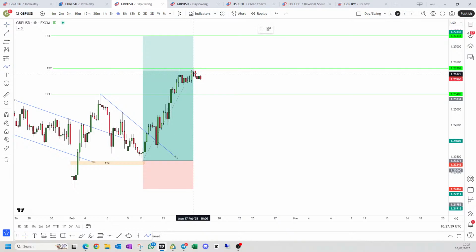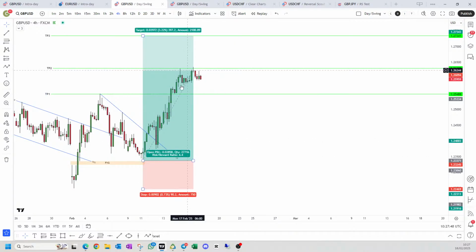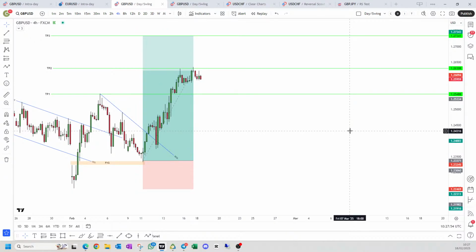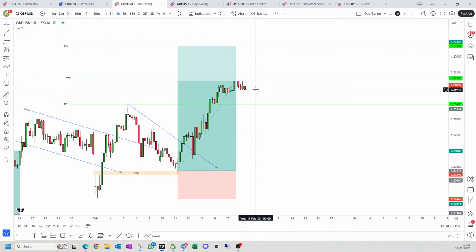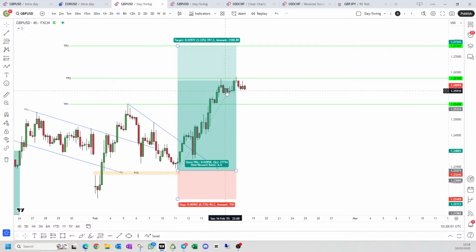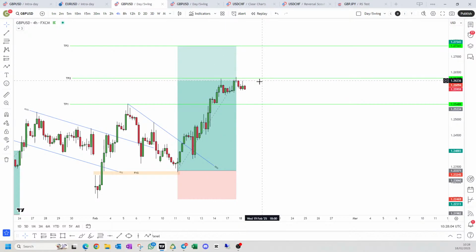So overall bias is we do want GU to come down and retrace so that we can get in more longs, and the more that price trends, the more people start taking their profits out. You see that curve start to curve off, and that's how you have proper order flow. Buyers turning into sellers, sellers turning into buyers. Price can sell off not just from people selling, but also from previous buyers closing their profits. So that's important to understand.